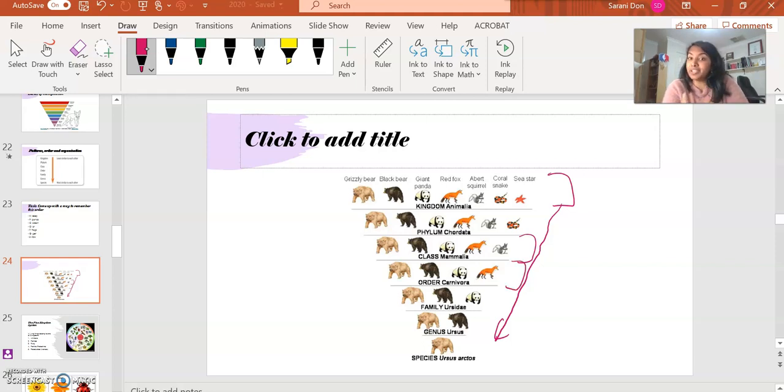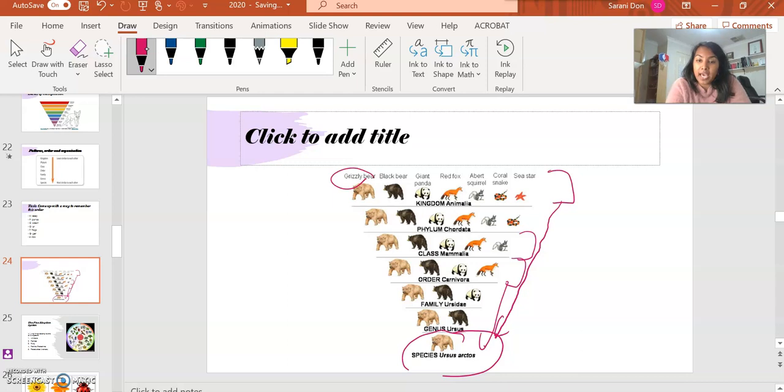Carnivora, so carnivorous, they eat meat, and so on until you get to the species here, grizzly bear. And that name here is the scientific name which we learnt about last lesson. You need to see how the order is formed and how we're getting more and more similar to each other as we go further down in this order.